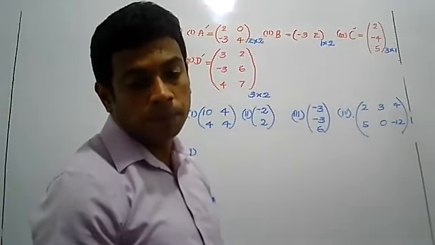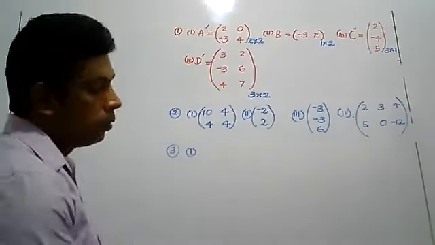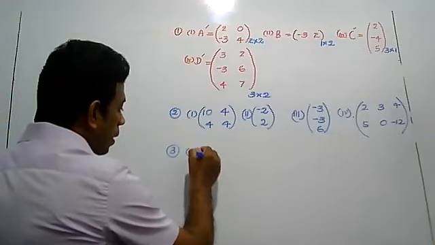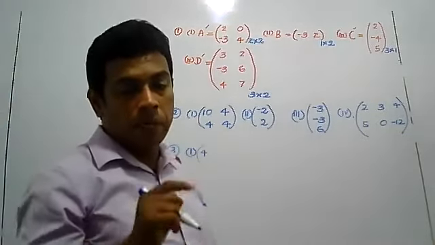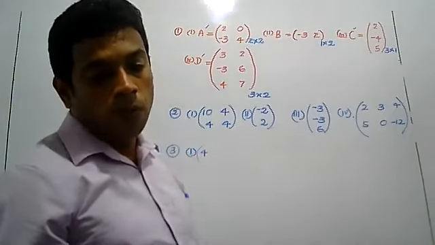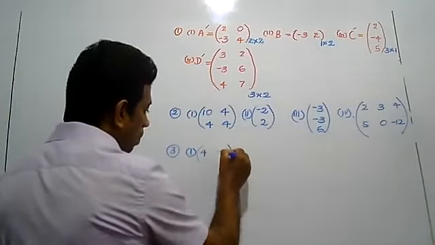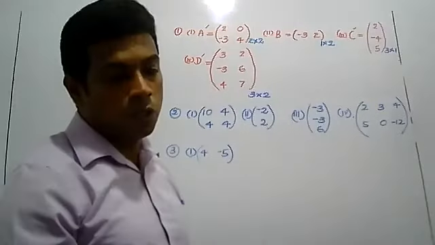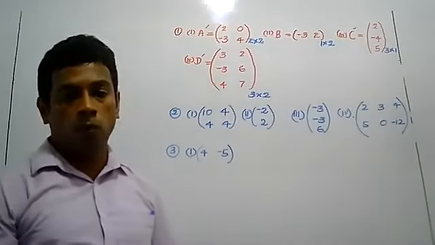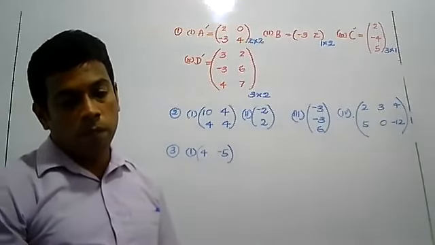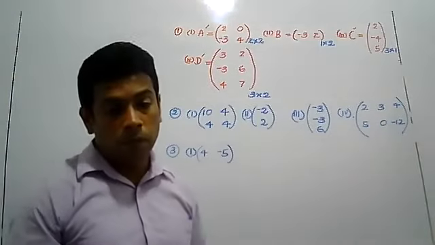So first one, 3 minus minus 1 is 4. Minus 2 minus 3 is minus 5. First part answer: 3 minus minus 1 is 4, minus 1 minus 2 minus 3 is minus 5.